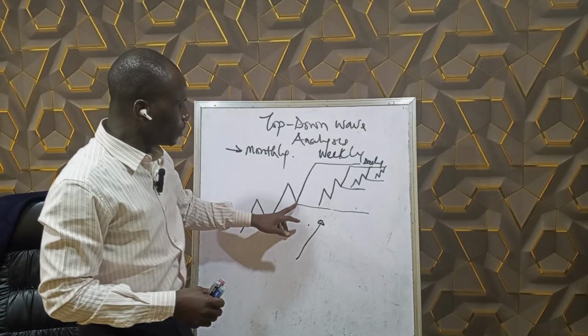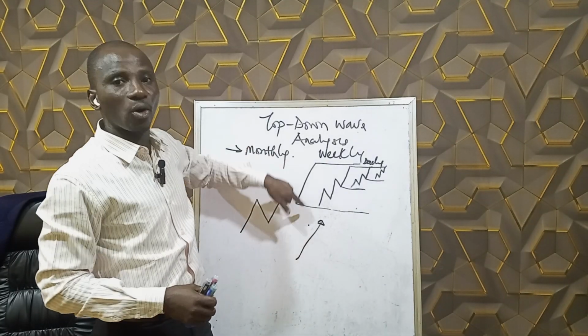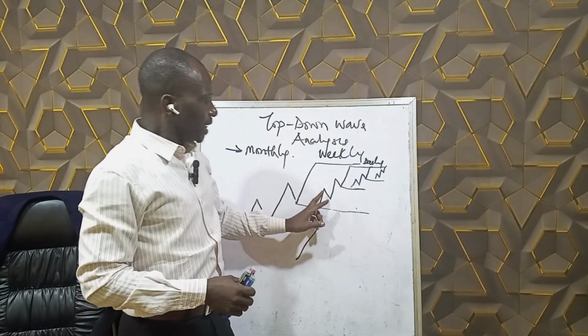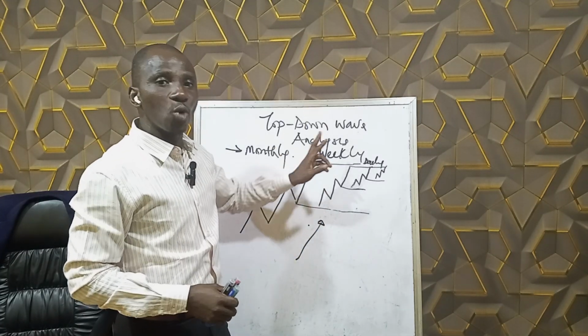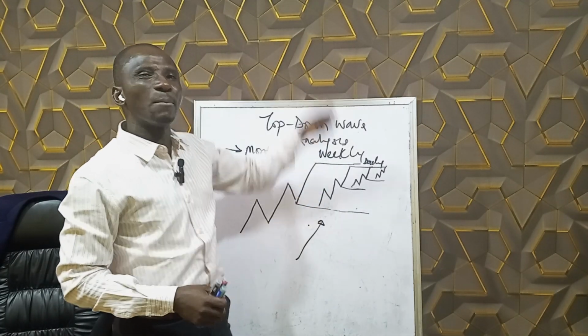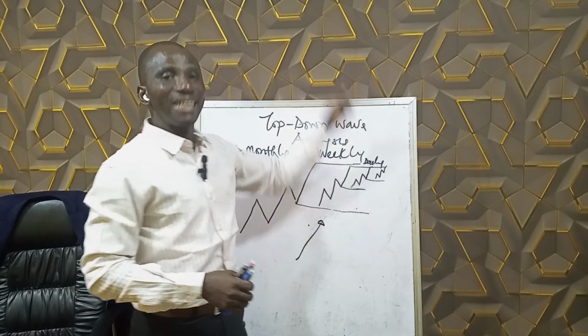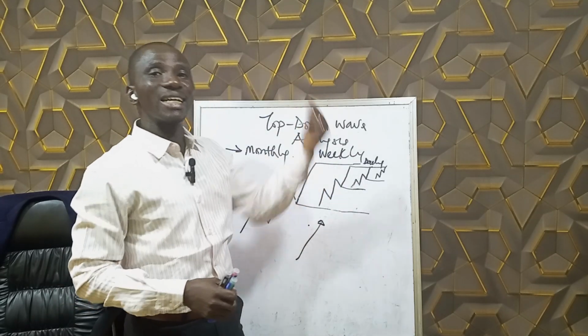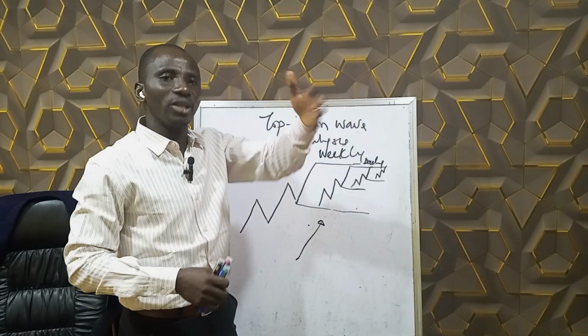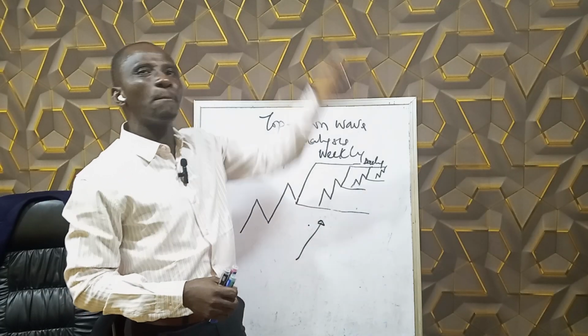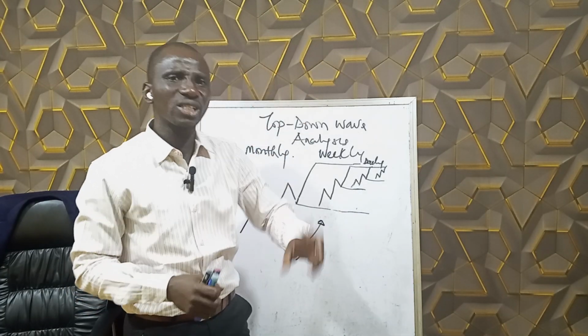This particular wave, before it moves, is going to create a money box. On the weekly, before any impulse wave moves, it is going to create a money box. On the daily, the same thing occurs. It will create a money box.